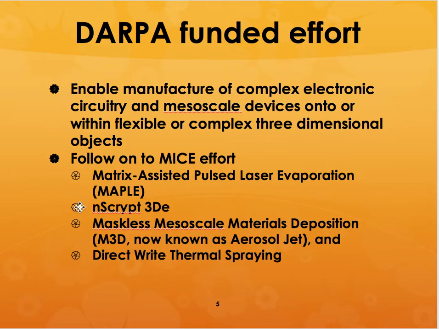Then there is maskless mesoscale materials deposition, or M3D, and now it is called aerosol jet. And of course, thermal spray techniques, where can it be? It cannot be too far behind, correct? So that was another set of efforts for getting nice features and very fine features into a structure.